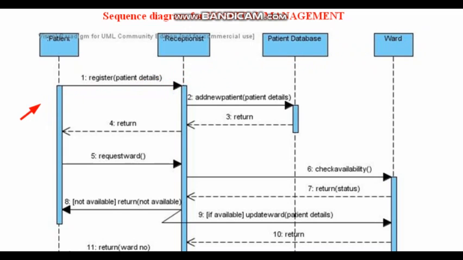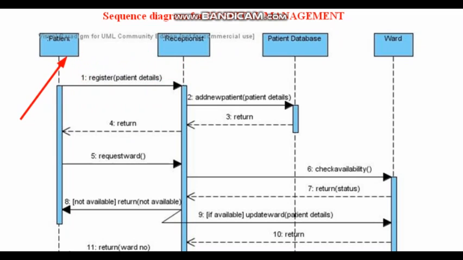Just to make the diagram precise, here I am showing you the sequence of activities that are carried out between patient, receptionist, database of patient and ward. So you can easily find out that here there is no question of treatment, as we had included only 4 modules. Here the receptionist is going to register the patient, okay, and she is going to update the data to the patient database frequently.